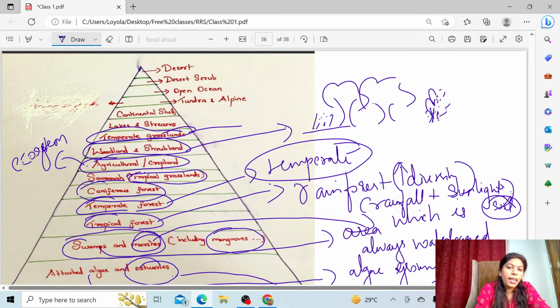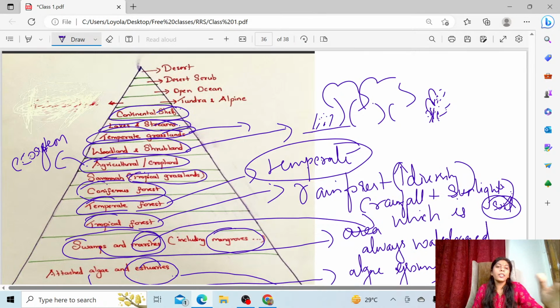Here the temperate grasslands, where the rainfall is also lesser. Even though they are grasslands like the savanna, the diversity of organisms is comparatively lesser. Then come lakes and streams, and after this comes the continental shelf.